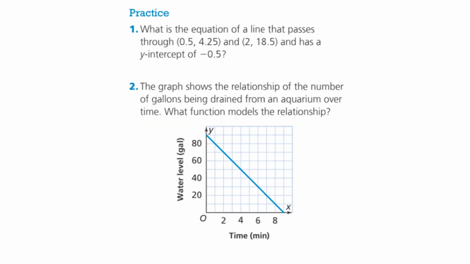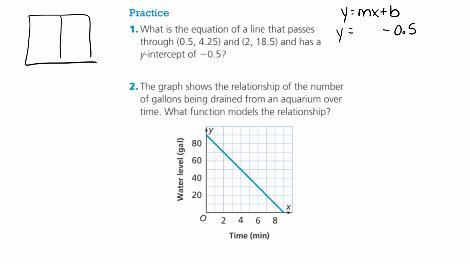Number 1, what is the equation of a line that passes through those points and has a y-intercept of negative 0.5? We set up our equation in slope-intercept form, y equals mx plus b, and we would plug in our values as given. We have a y-intercept of negative 0.5, but we have to find our slope. When given ordered pairs, we can use the box method. 0.5 with 4.25 is our first ordered pair. 2 with 18.5 is our second ordered pair.